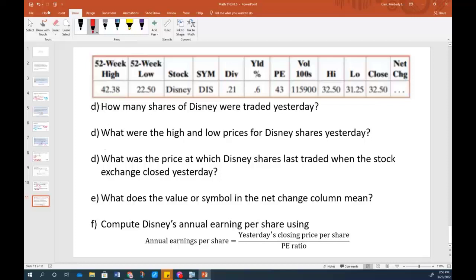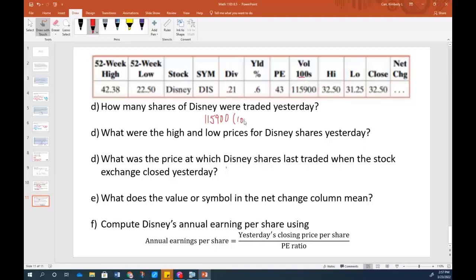How many shares of Disney stock were traded yesterday? Okay, we'll just look at the questions. Traded yesterday. Well, the number in the table is right here. 115,900. But it says that is the volume in hundreds.